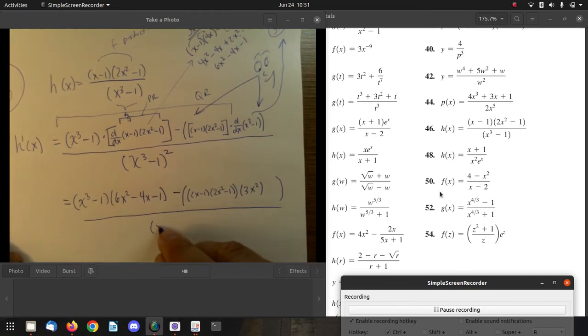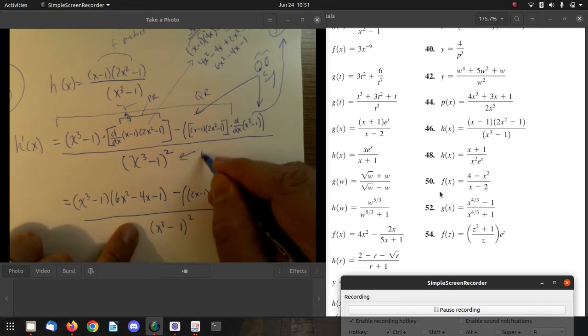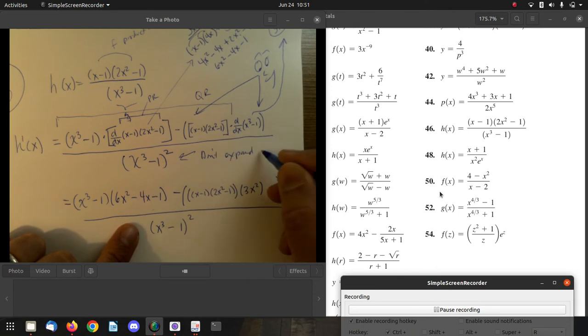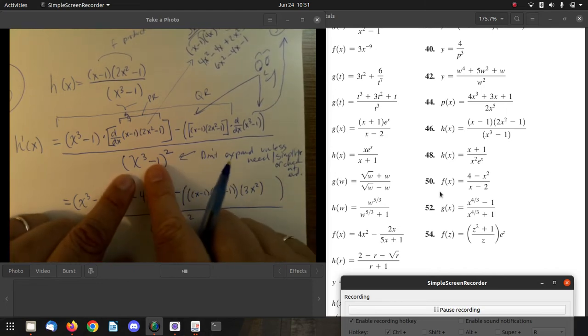And then down here, we'll just drop down our x cubed minus 1 squared. By the way, don't expand this unless you need to, unless it simplifies, or kind of check at the end. But don't do it at the beginning right away.